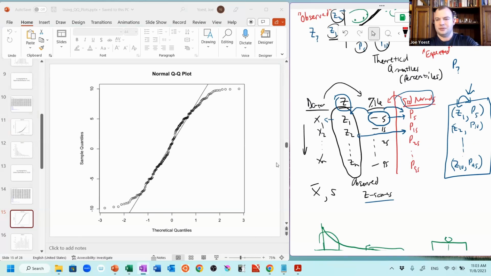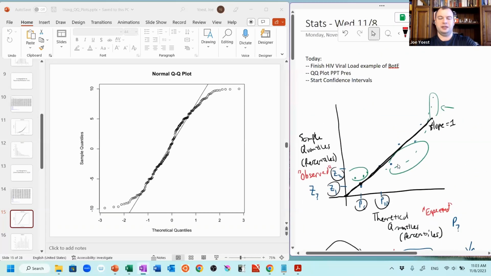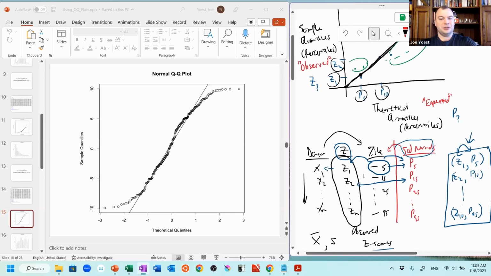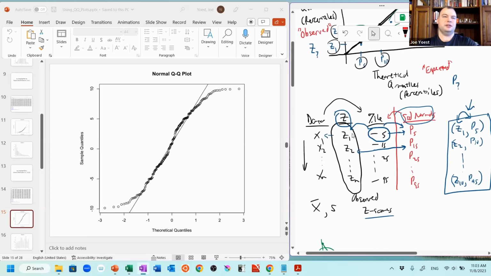I set it up over here in a way that I think is, number one, equivalent, so you're going to get the same answer and a very similar looking graph in either case, and number two, easier to understand what's going on. But essentially for efficiency, R isn't going to convert everything to z-scores first. It doesn't affect the picture at all. It just affects what this vertical axis is doing. So I just wanted to note that.